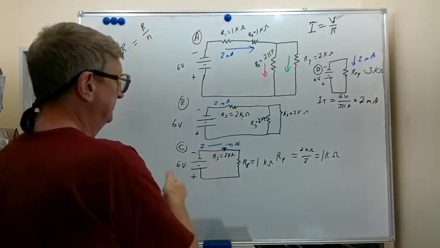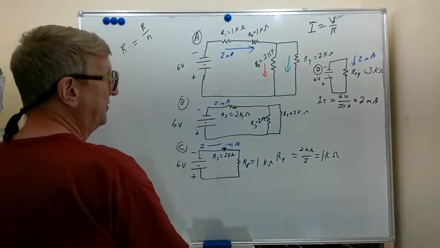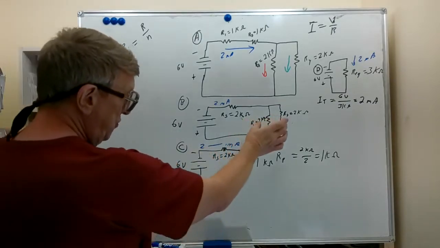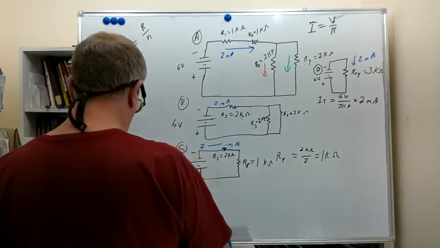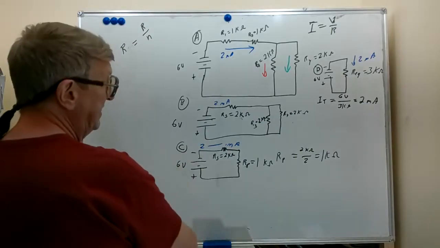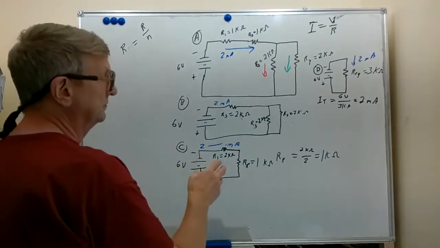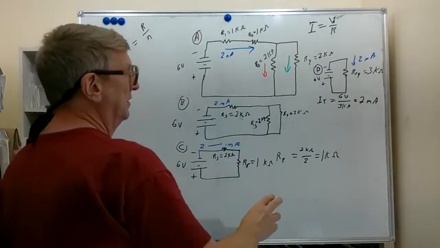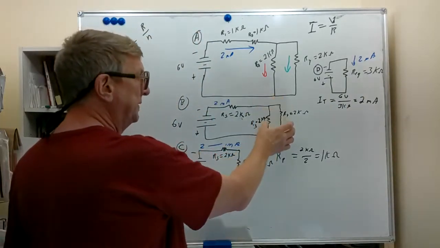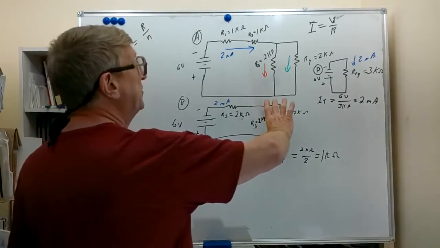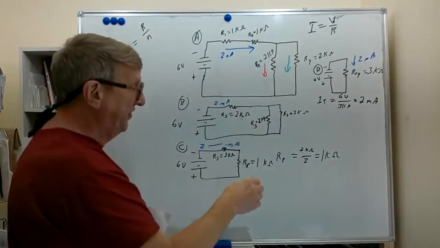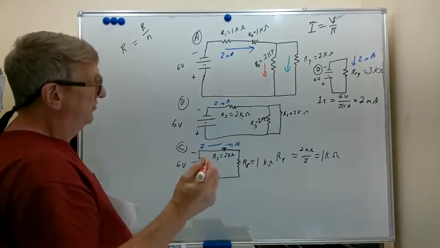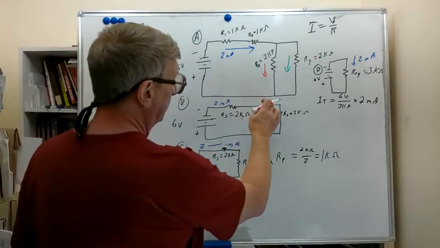Now, let's think about what the current will be through each of these R3 and R4. Well, being that these are both 2 k ohm resistors, the current will split equally. Whatever voltage appears across either of those resistors will be the same. They're the same resistance, so they're going to have the same amount of current. So we're going to have this 2 milliamps going to split.